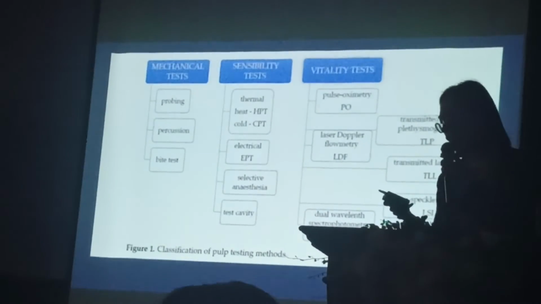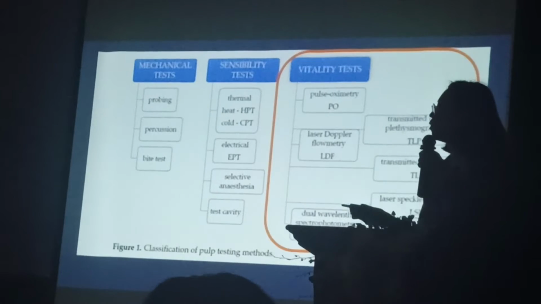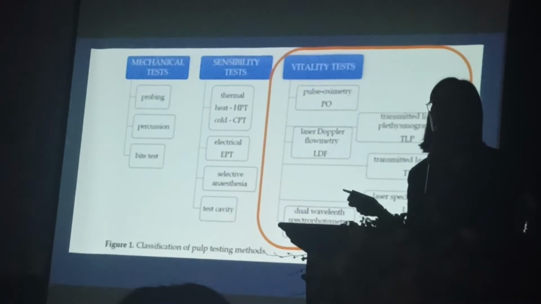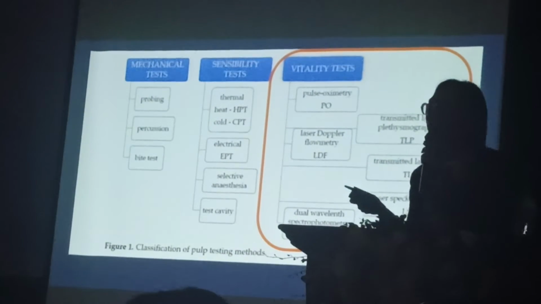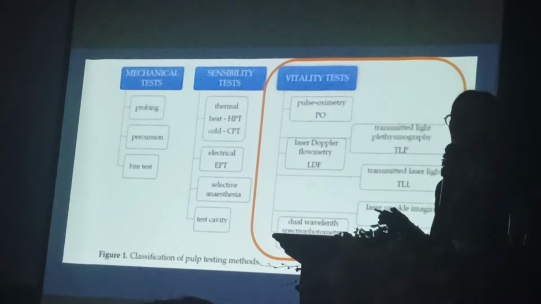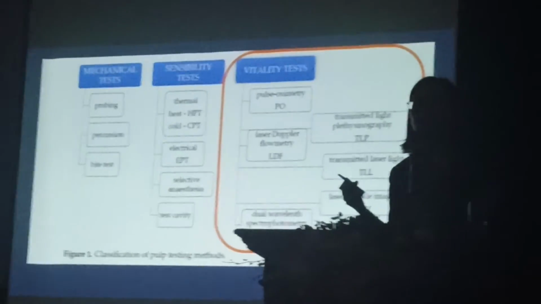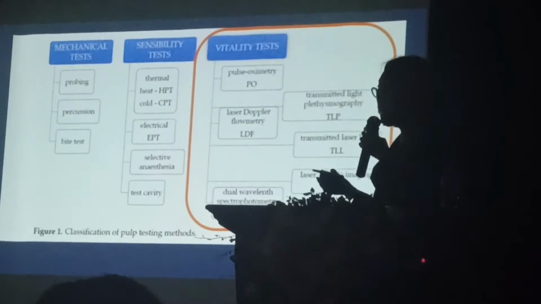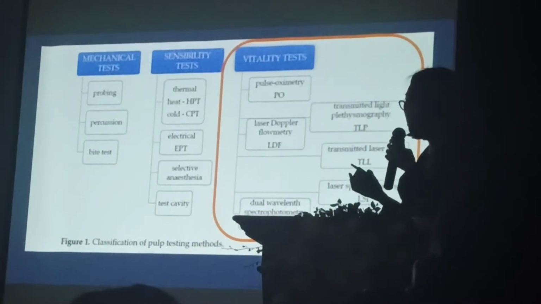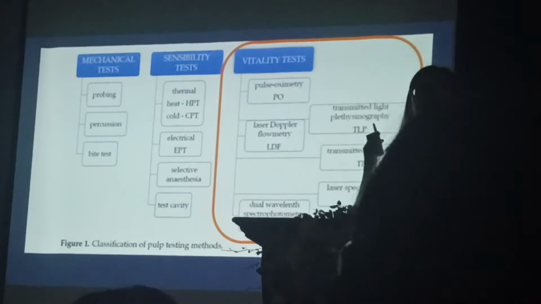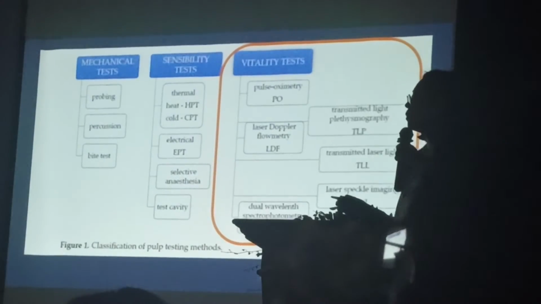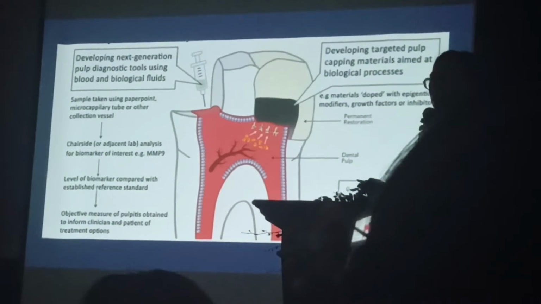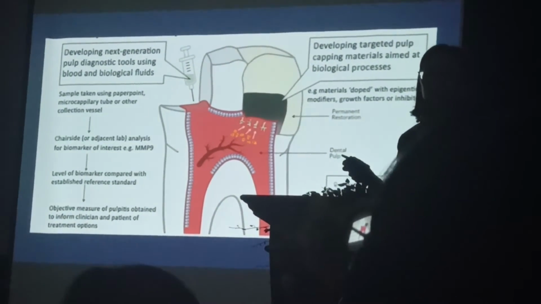So hopefully in the future we will have something more advanced and more accurate in vitality tests, for example, pulse oximetry, laser Doppler photometry, and dual wavelength spectrophotometry. This is ongoing research right now. And also, can we do that like I mentioned earlier?